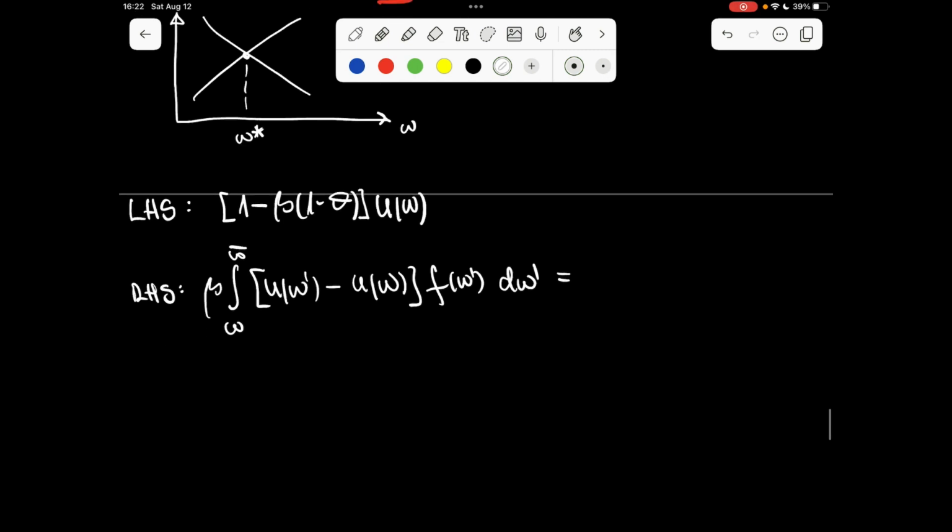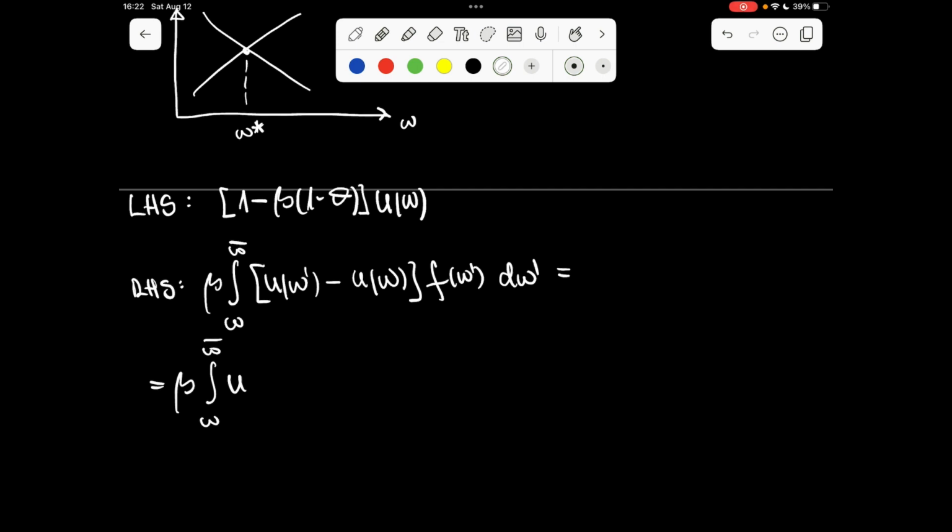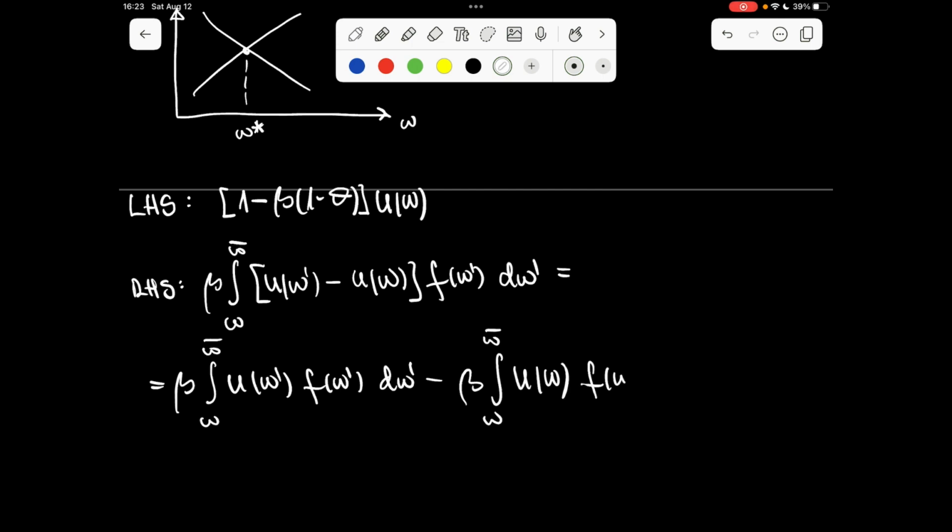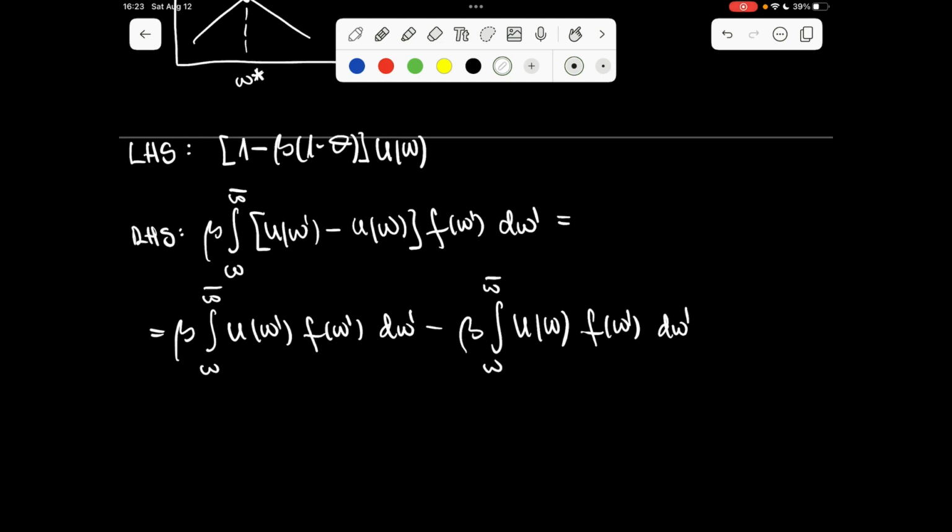So let's separate the integral into two parts by using the linearity of the integral. We have just done the opposite, but now it's going to be more comfortable to integrate separately. So we have two parts. This is part 1 and this is part 2.